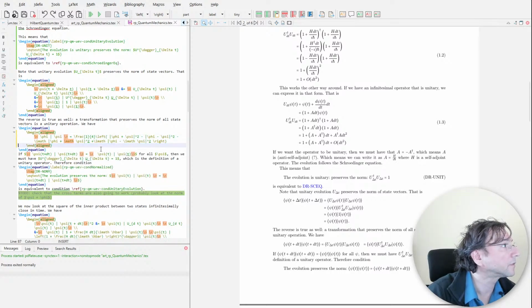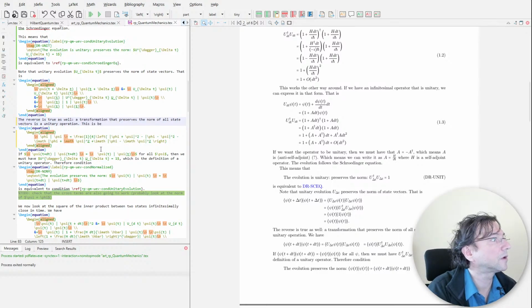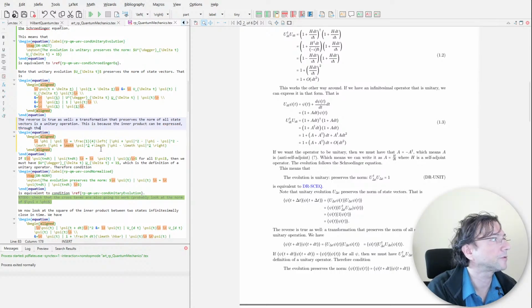Okay, this is because the inner product can be expressed through the polarization identity in terms of the norm.